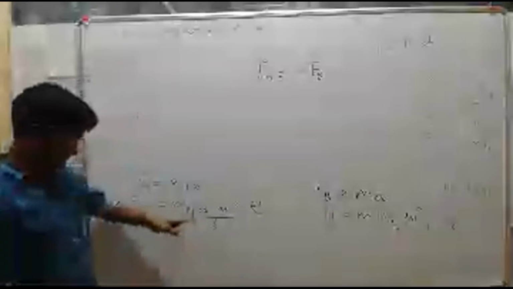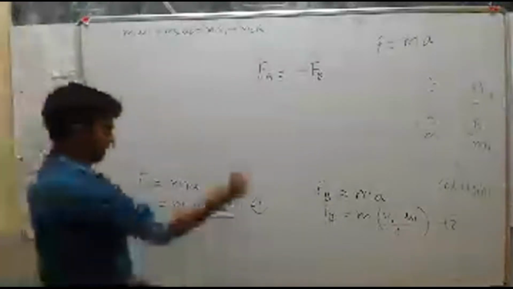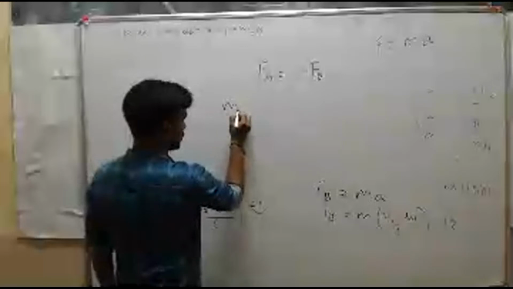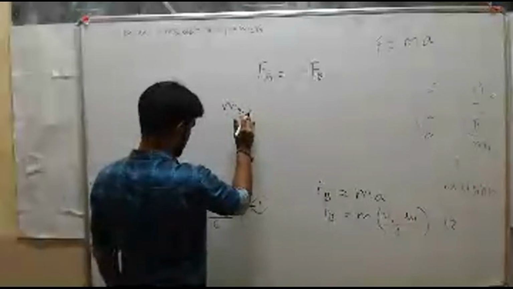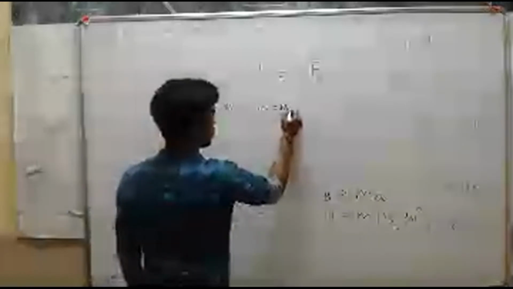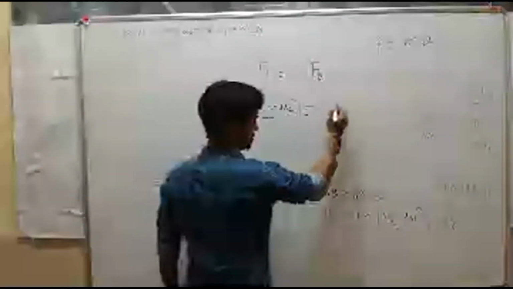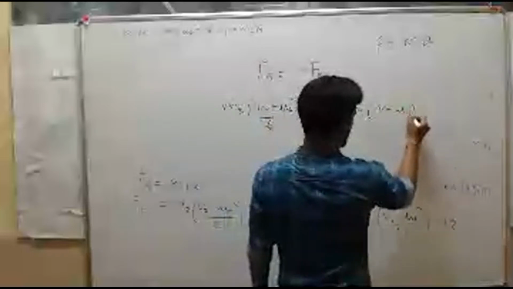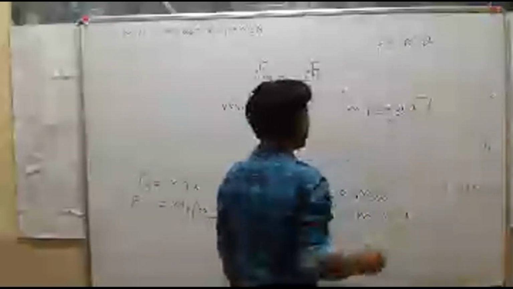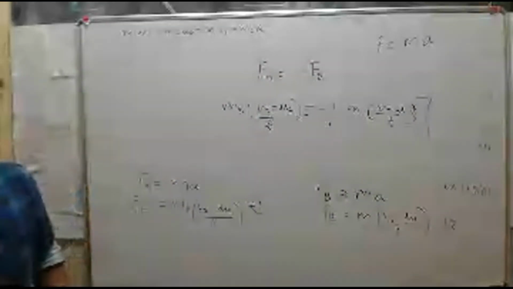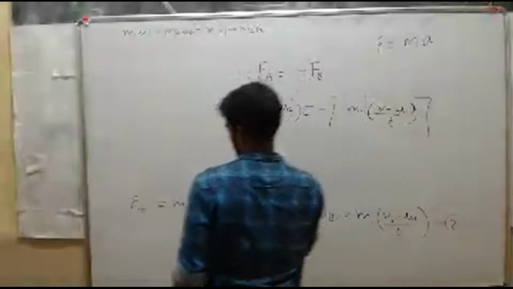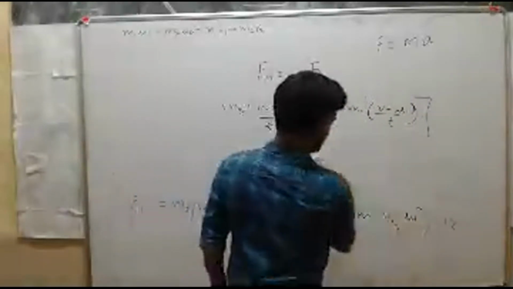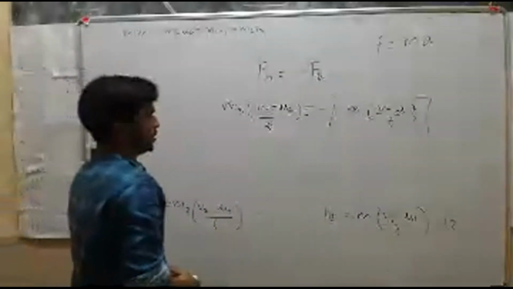Okay, now substitute here. What is Fa? Fa is m2 into (v2 minus u2) divided by t, equal to minus m1 into (v1 minus u1) divided by t. First keep that minus outside, later we can multiply. Clear?